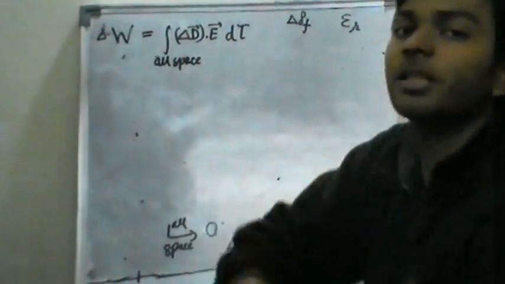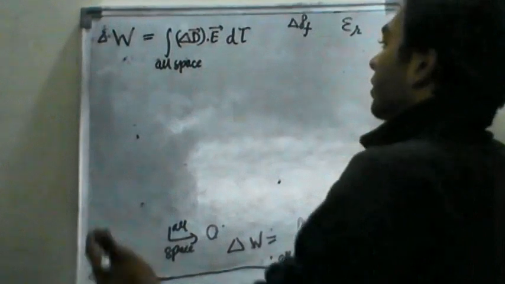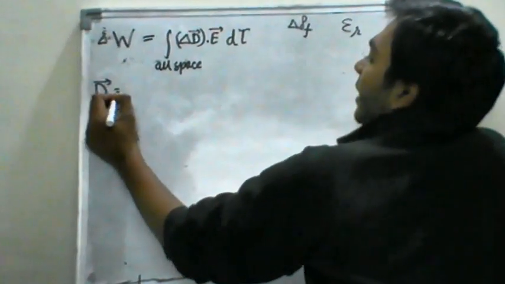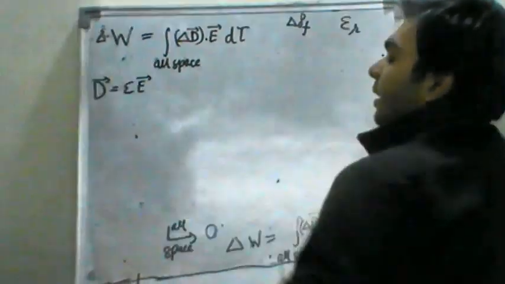But if we assume that the material is a linear dielectric, what we get is D equal to epsilon E, right?